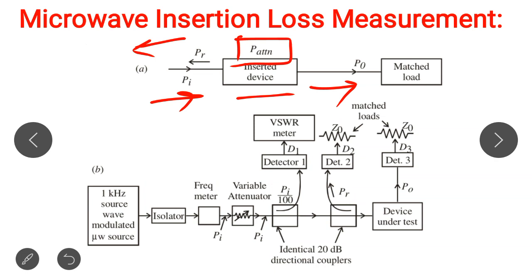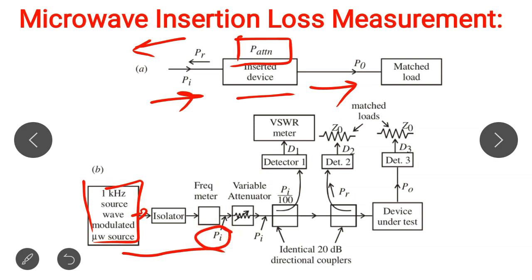Now for the measurement of insertion loss, this is a particular setup that is used. Here first a microwave source of 1 kilohertz is connected, then we place an isolator, then a frequency meter.